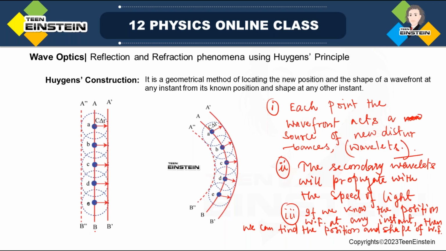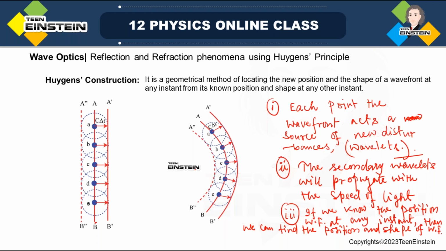And similarly in this curved wavefront, this is a part of the wavefront, AB. At any instant of time t, you know the position AB.